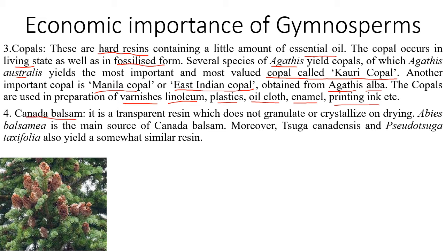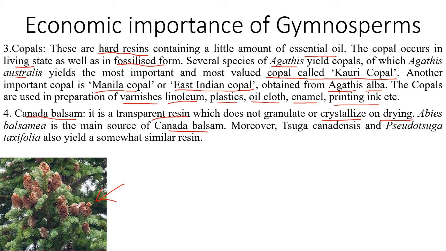Canada balsam is a very important material used in biology laboratories. It is a transparent resin which does not granulate or crystallize after drying. And Abies balsamea, this is the plant of Abies, which is a rich source of Canada balsam.